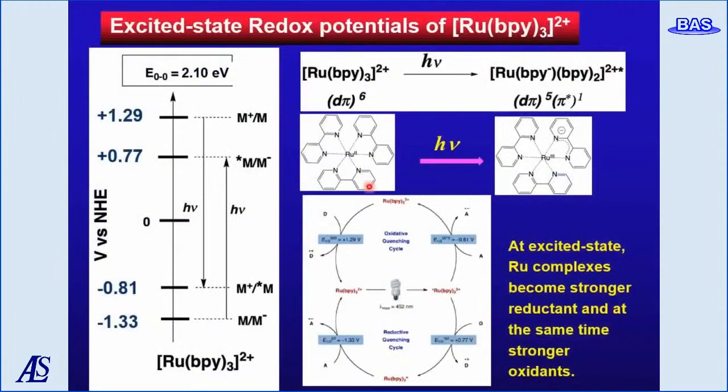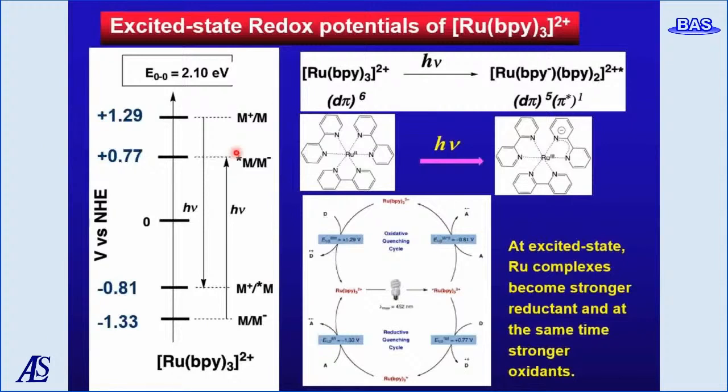From these data, the potential shift of Ru(bpy)3 2+ by photoexcitation is shown in this scheme. The oxidation potential in the ground state is plus 1.29 volt versus NHE, which is shifted to minus 0.81 volt by photoexcitation. The first reduction potential in the ground state is minus 1.33 volt, which is shifted to plus 0.77 volt under photoexcitation.